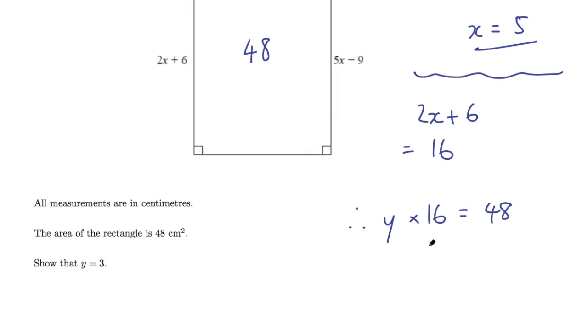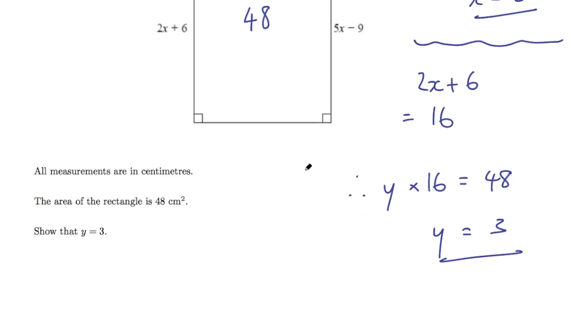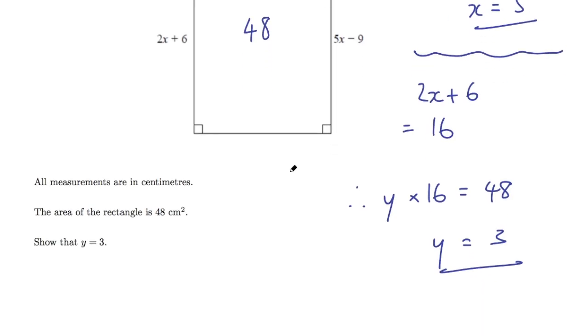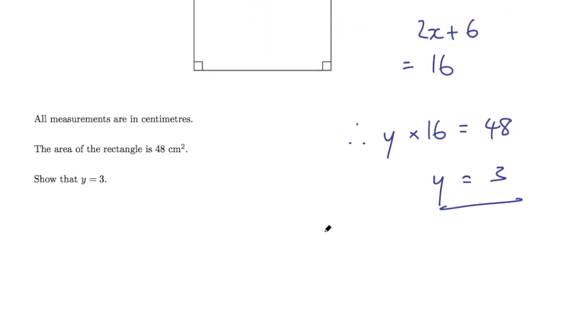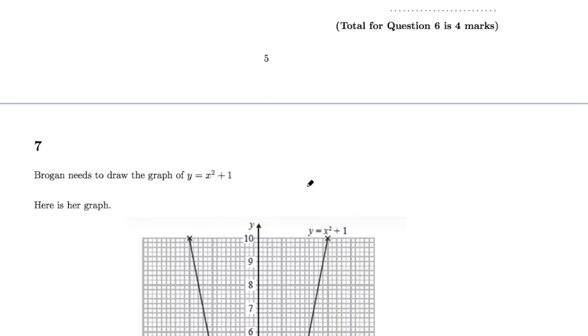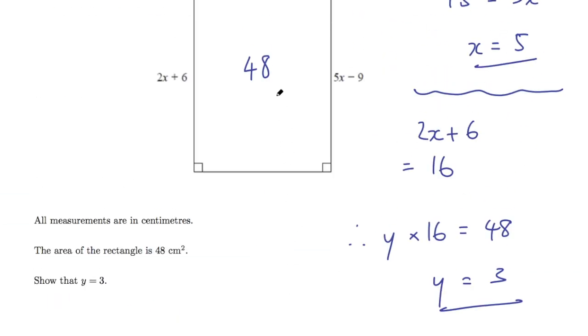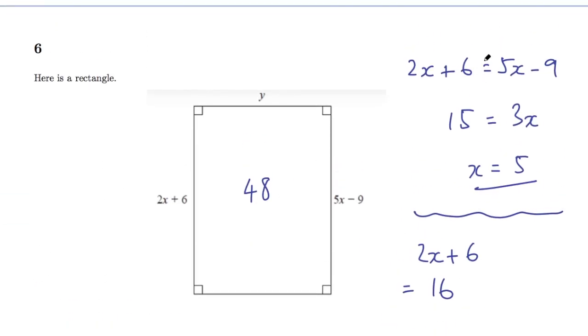So then we can just simply solve for y here. So y equals 48 divided by 16, which is 3. And therefore, you've proved that y must equal 3. Okay, so that's 4 marks there. So as long as you get that first step, the rest of it really comes together quite easily.